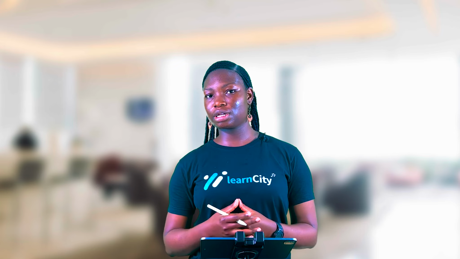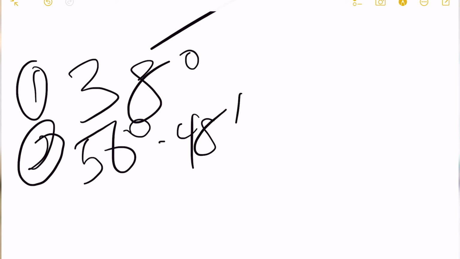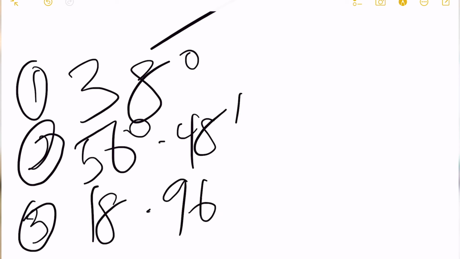And today, our first example is use mathematical table to determine the sine, cosine, and tangent of 38 degrees, 56 degrees dot 48, and 18.96 degrees.